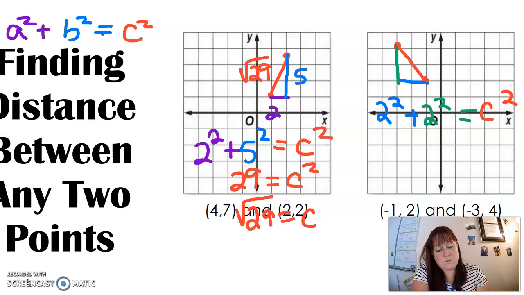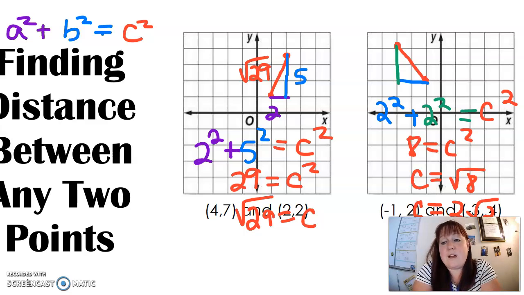So we have 4 plus 4, which is 8, equals c squared. Therefore, c equals the square root of 8. We could simplify that. C equals 2 root 2. If you can't remember how to do that, I'll link a video on how to simplify radicals, but there you go. 2 root 2. Let's try one more.